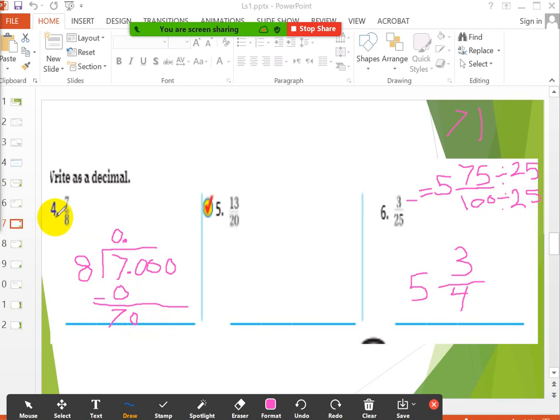Now, 70 divided by 8. How many 8s in 70? I think 8 multiplied by 8 equals what? Yes, 8 multiplied by 8 equals 64.